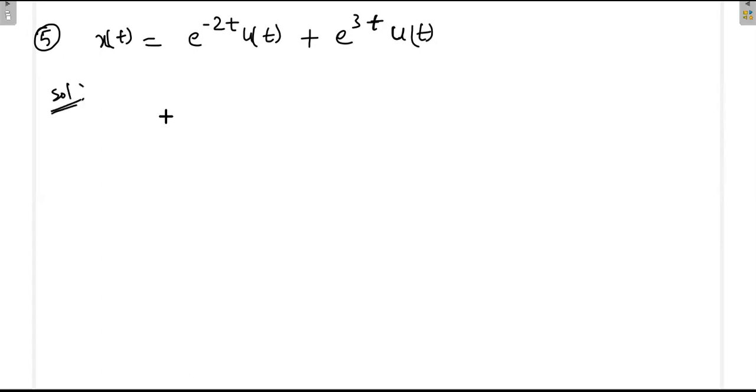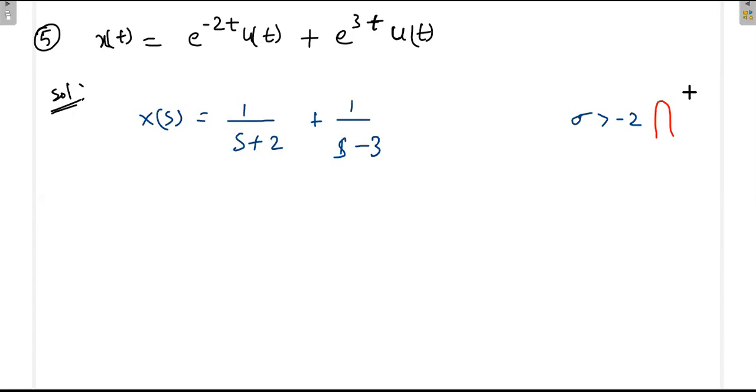X of s is equal to, this first signal is the right sided signal, so 1 by s plus 2, and as it is a right sided signal, sigma is greater than minus 2, in intersection. Then the second signal is also right sided signal, but here it is plus 3, so we will put 1 by s minus 3, but it is right sided. So again sigma is greater than 3.